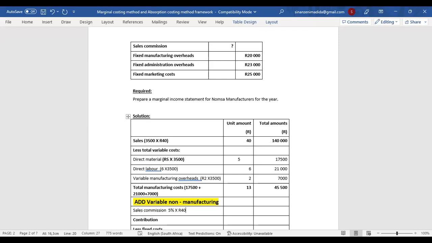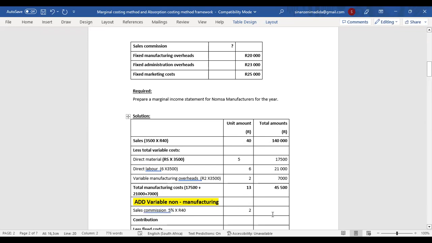How much are we getting? We want to put in this line per unit. 5% of 40 Rand is 2 Rand. We must get 2 Rand. Here we put our 2 Rand.